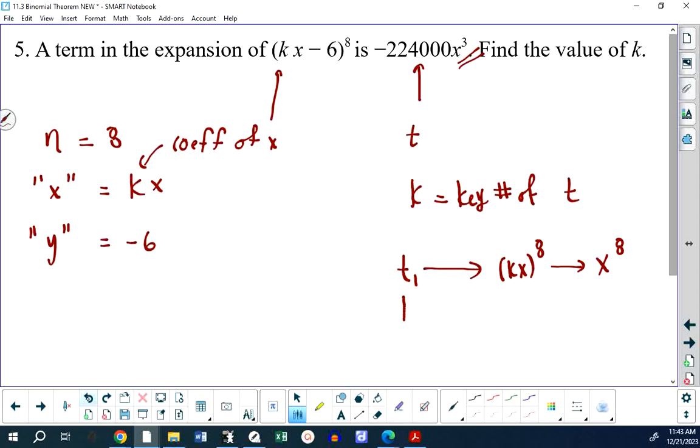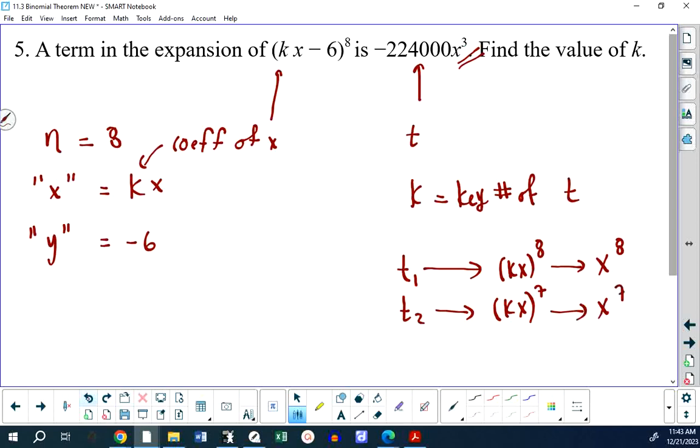My second term is going to contain kx to the 7, and, well, you know what? It's going to contain kx to the 7. Who cares about the negative 6 to the 1? Because there's no x's in it. It's going to contain x to the 7.